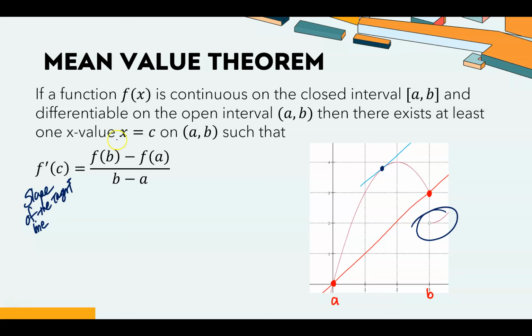Notice that c has to be on the open interval, somewhere between the endpoints. And the slope of the tangent line is equal to the slope of the secant line connecting the endpoints. So that's kind of all there is.